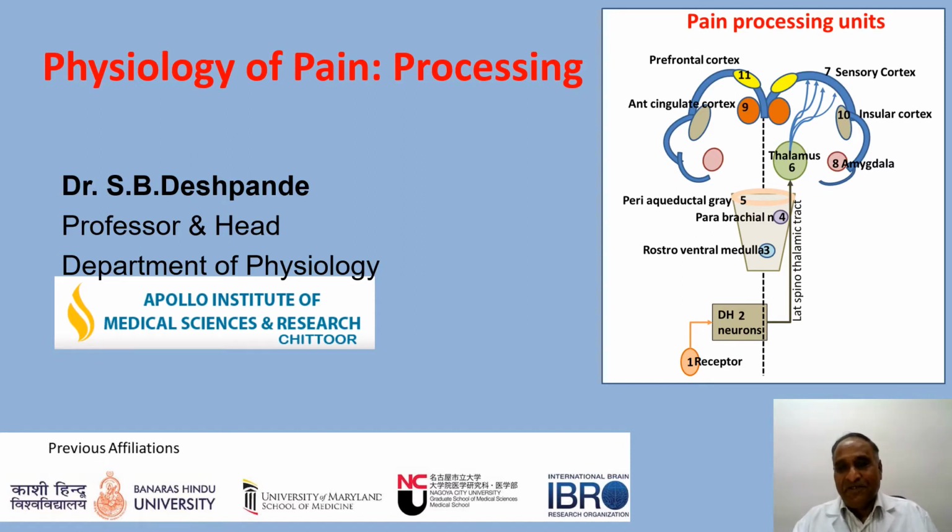In the cartoon shown in this slide, you can see the starting of the pain, then traversing through the nerve to the spinal cord, and then to the medulla, pons, midbrain, the cortex, and the various parts of the cortex. We will try to look into all these various areas for the pain processing.